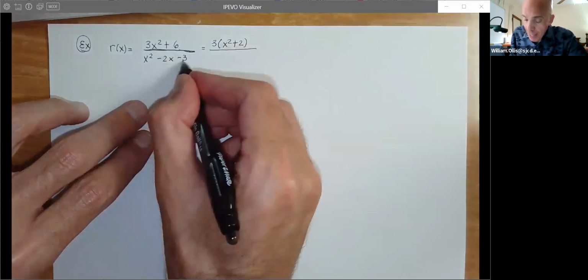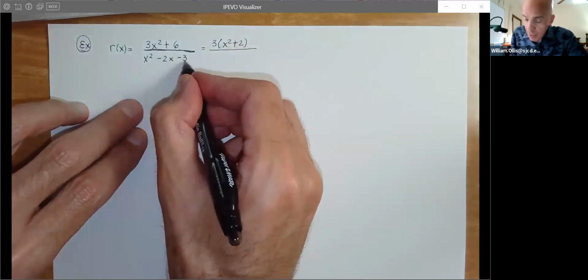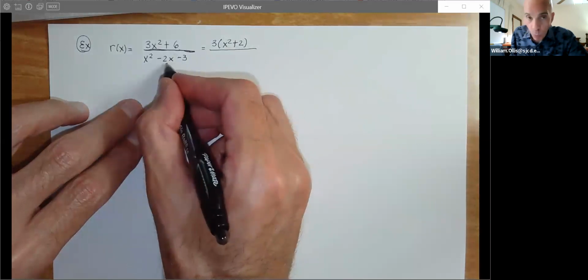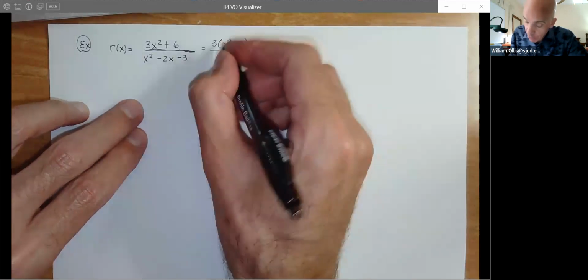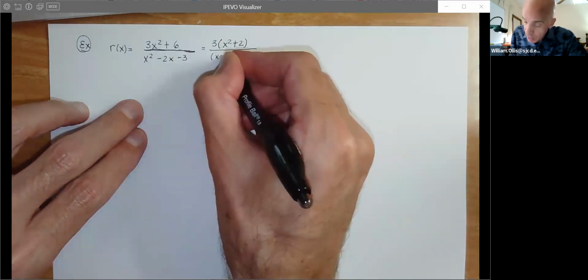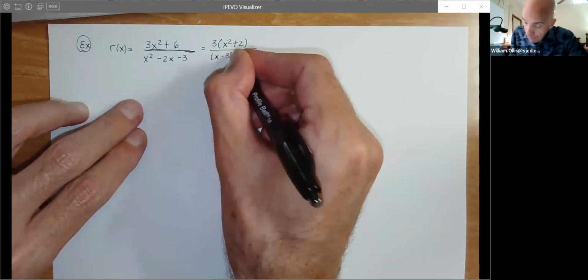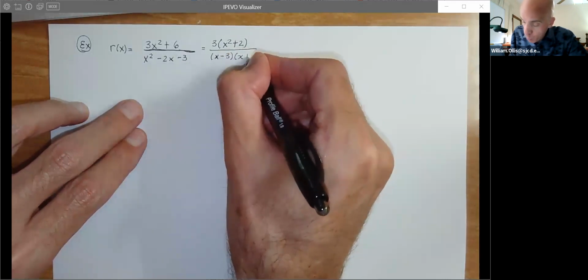And then, of course, the AC here, we see that we can use a -3 and a 1 because that would sum to -2. And of course, the -3 times the 1 would give us the -3. So we could say x minus 3, x plus 1.